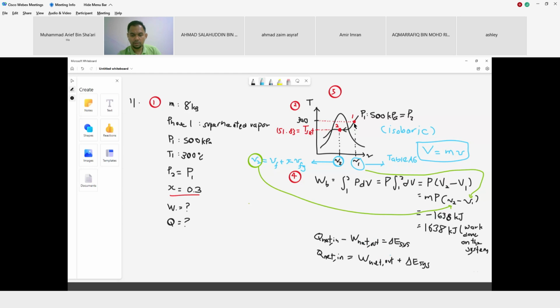This W net out is actually W out minus W in, or W out minus W in plus W b. It's W out, not W in.